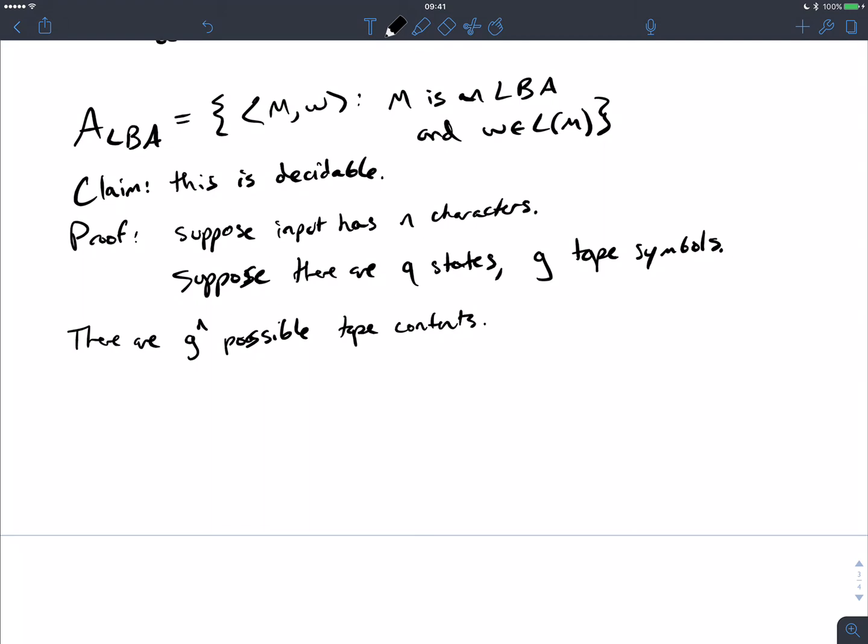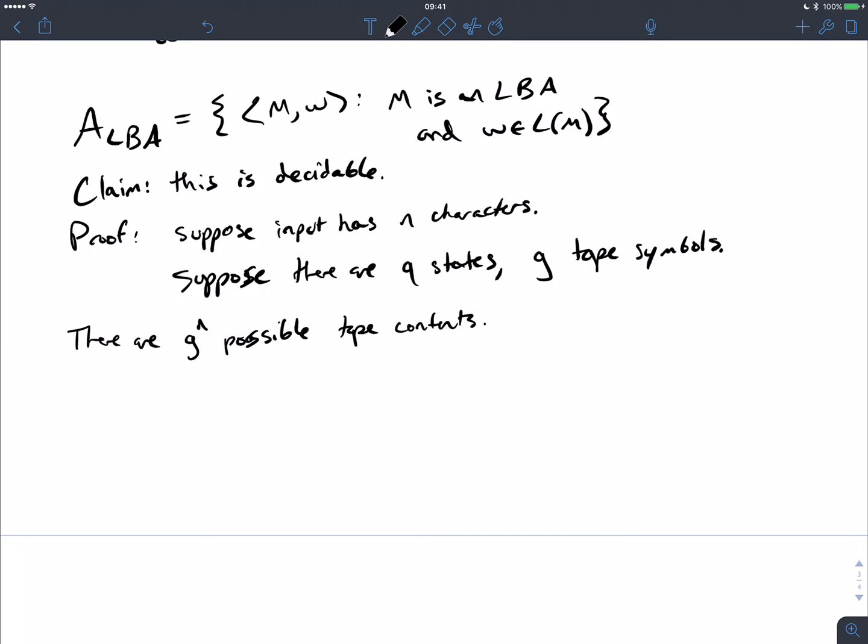Can I guarantee I ran into a loop? No. So for each one of those possibilities of tape contents, how many states could I be in? It's just Q, right?